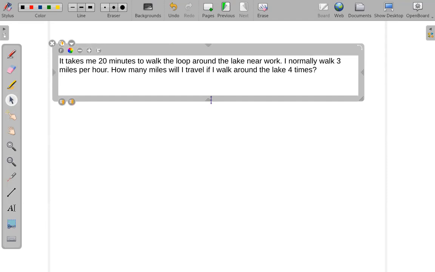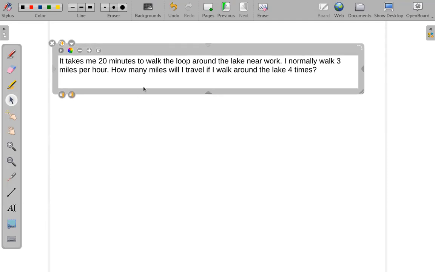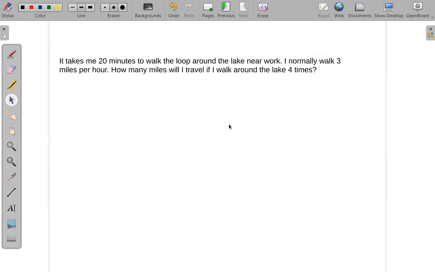Okay, so we want to end up with how many miles will I travel if I walk around the lake 4 times? All right, so what do we got? We've got 20 minutes per loop around the lake. So I'm going to write that as a fraction, 20 minutes per loop.